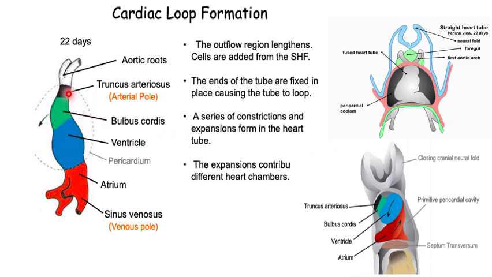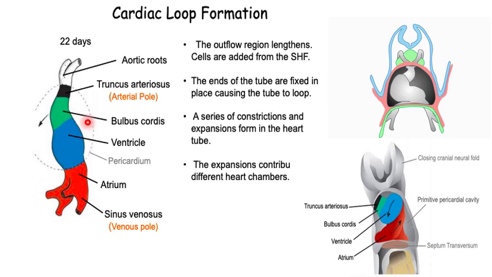So along with this lengthening, there is a series of constrictions and expansions formed in the heart tube. What we have seen now, from cranial to caudal, is the bulbus cordis, which in turn is divided into three parts, then the primitive ventricle, then the primitive atrium, and then the sinus venosus, which are all interconnected by various orifices.